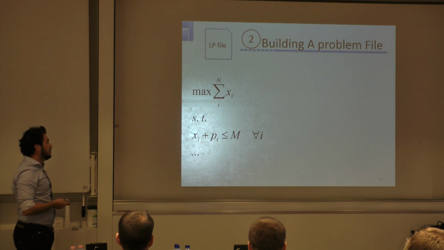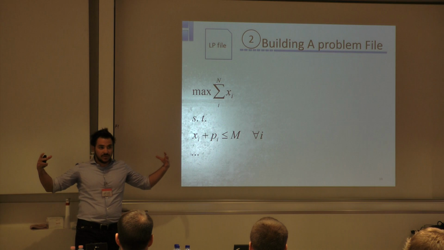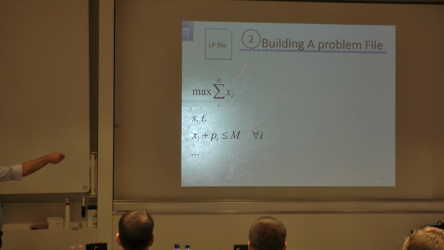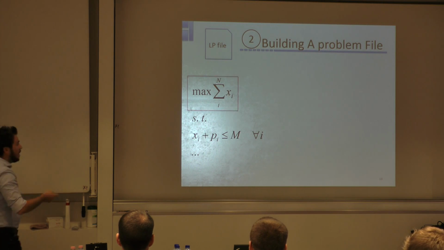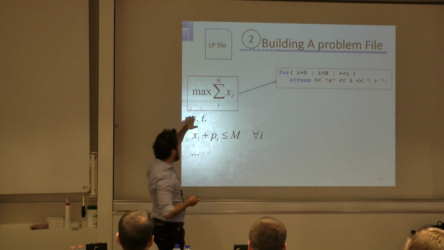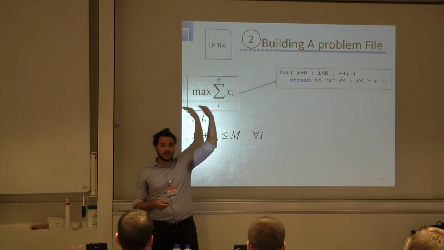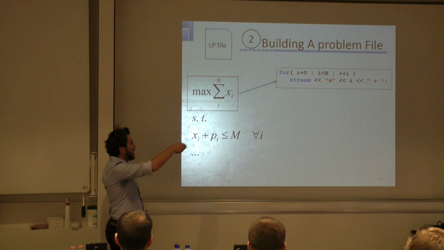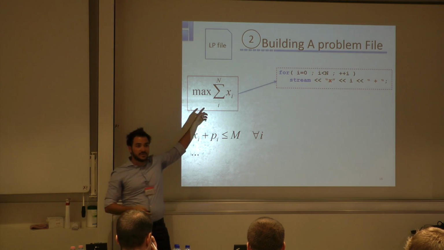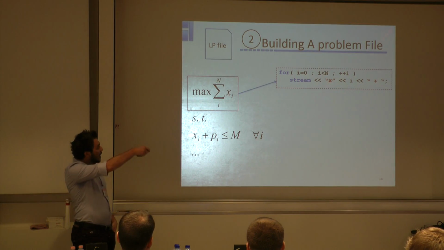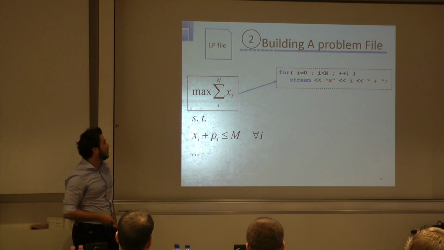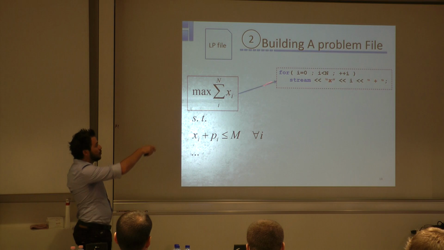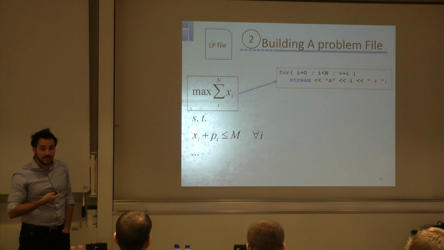And what we need to do is basically expand those symbols. If we start, for example, with the maximization part, we may create a lot of for loops, okay, that are at the size of the extremes of the summation, and we just have to write all those parts, x0, x1, x2, and stuff like that, into a stream. For example, a file stream.